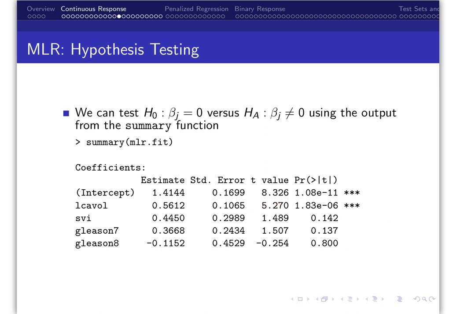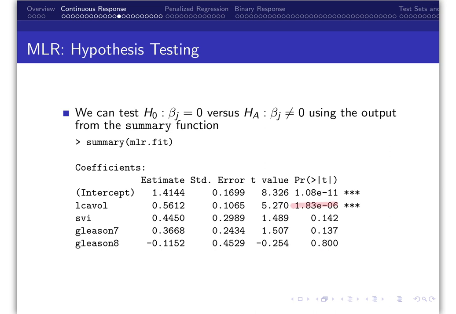This statistic follows a t-distribution with n minus p plus 1 degrees of freedom, where n is the sample size and p plus 1 degrees of freedom are lost from estimating the p plus 1 parameters, the intercept and the p slopes. In this case, n is equal to 67 and p is equal to 4, so the t-distribution has 67 minus 5, which equals 62 degrees of freedom.